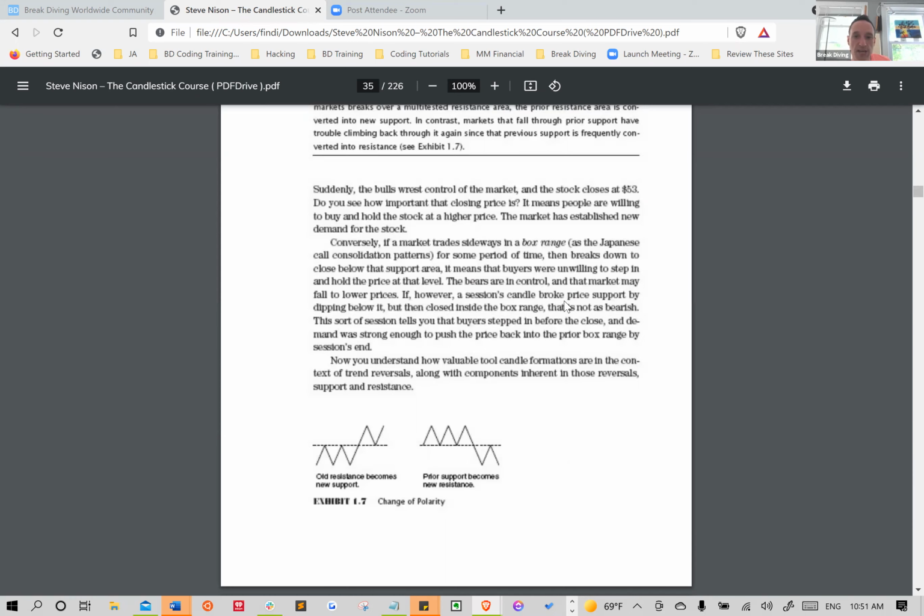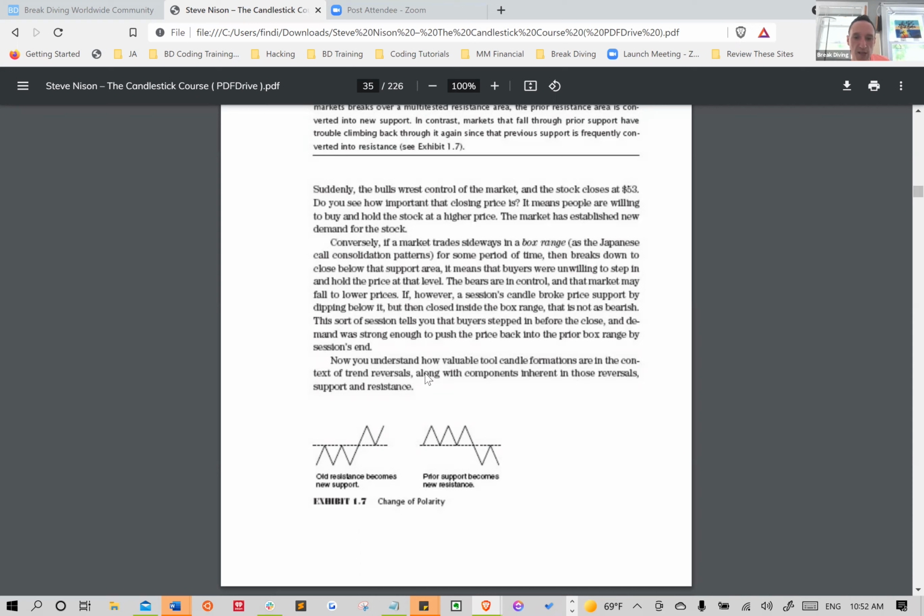But if a session's candle broke price support by dipping below it, but then closed inside the box range, that is not as bearish. This sort of session tells you that buyers are stepping in before the close, and demand was strong enough to push the price back into the prior box range by session's end.